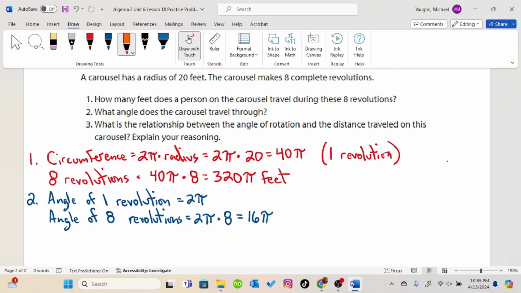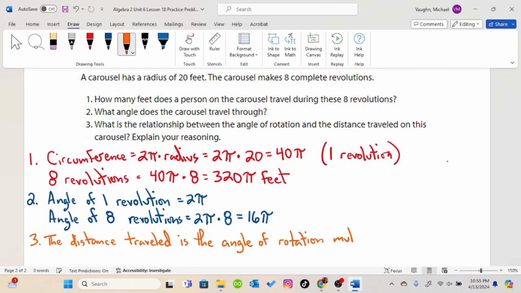So the overall distance traveled is the angle of rotation multiplied by the radius.